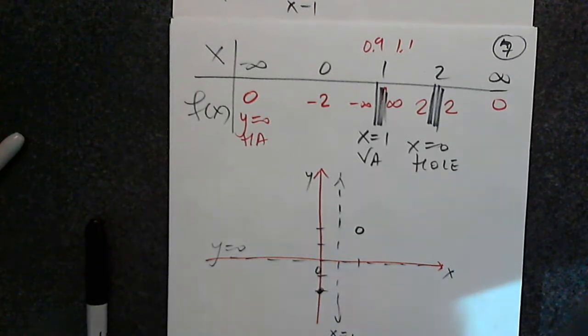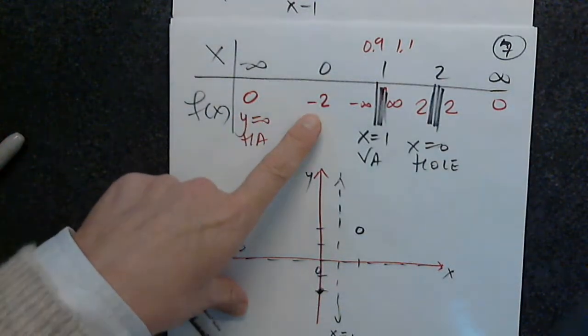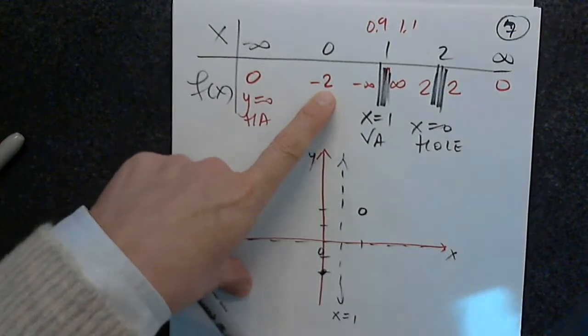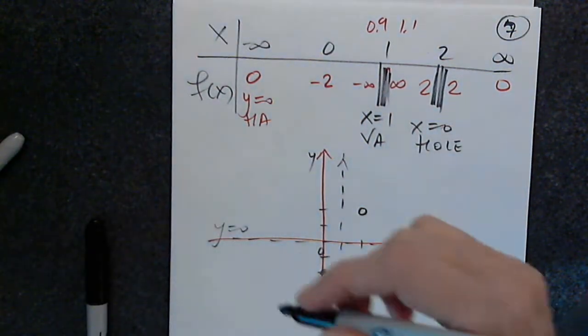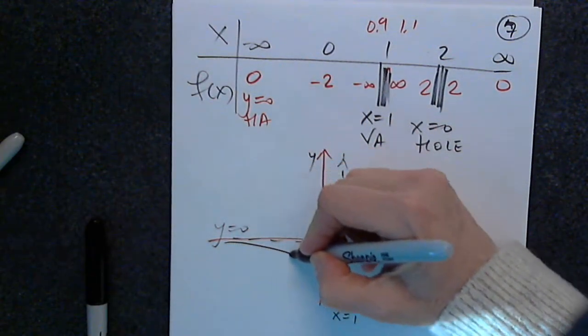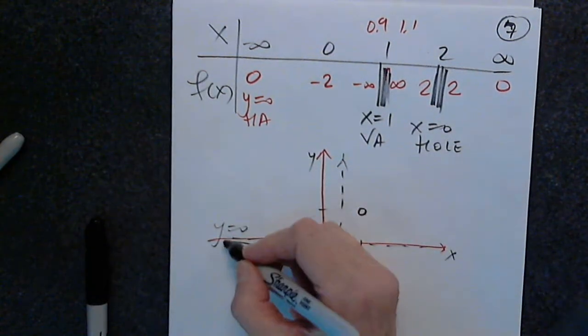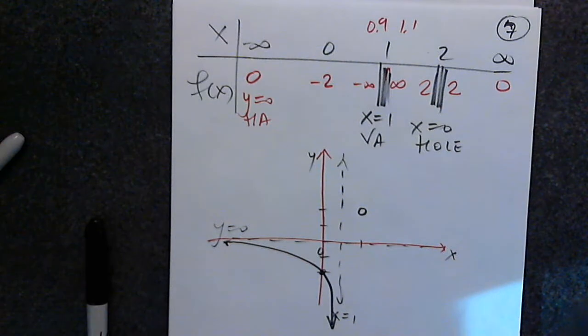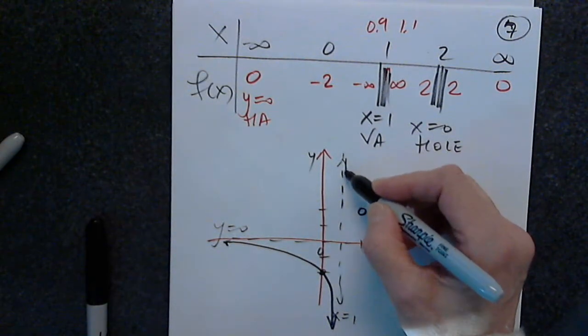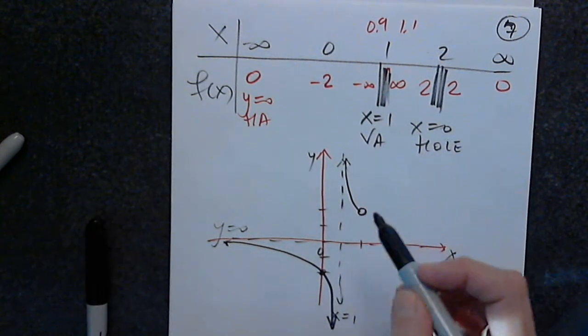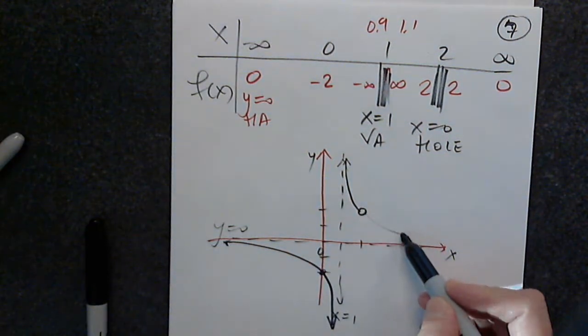So, ready? From approaching 0, crossing the y-axis at (0, -2), and going to negative infinity. On the other side, from positive infinity, going through this hole, and then approaching 0.